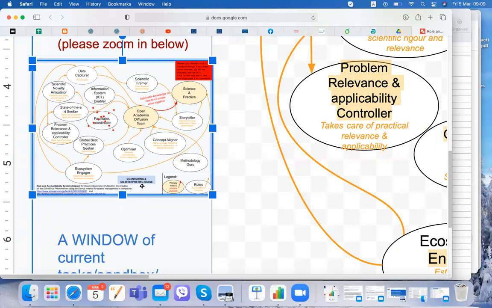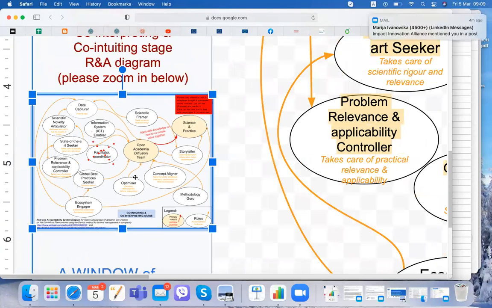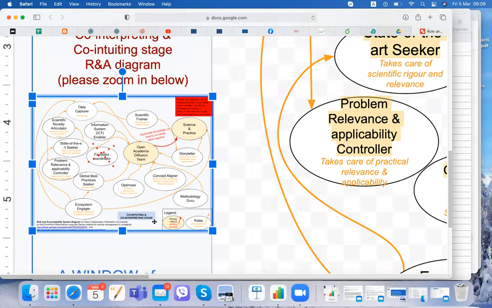It's called co-intuiting and co-interpreting stage in open innovation, in open collaboration, in open co-authorship. You have to intuitively orient yourself around something and then interpret things in the same time, in the same manner, because we were from different backgrounds. Some are from medical fields, some are from economics, some are from managerial, some are from ICT.